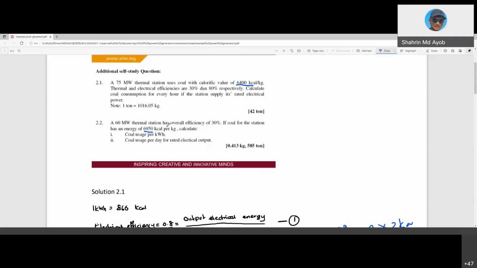A 60 megawatt thermal station has overall efficiency of 30%. What is the weight of the coal in kilograms for every 1 kilowatt hour output?